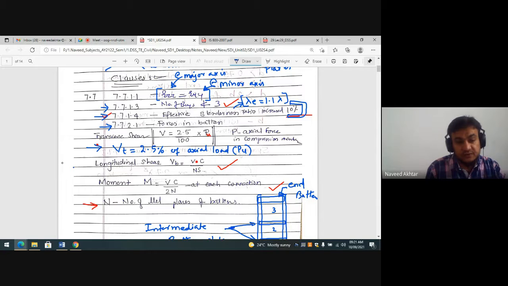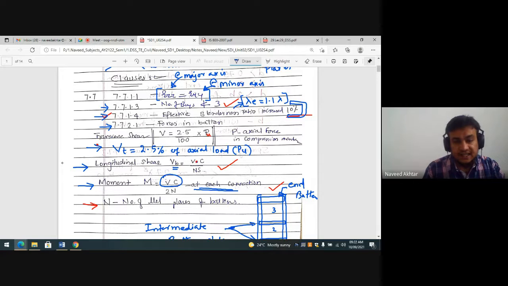You have to design the batten for the longitudinal shear, that is Vb is equal to Vt·C upon N·S. Okay, and also you have to check for the moment, and moment is equal to Vt·C upon 2N at each connection. At each connection, the moment you have to check for Vt, that is shear force, C is the spacing, so V and C will give the moment.